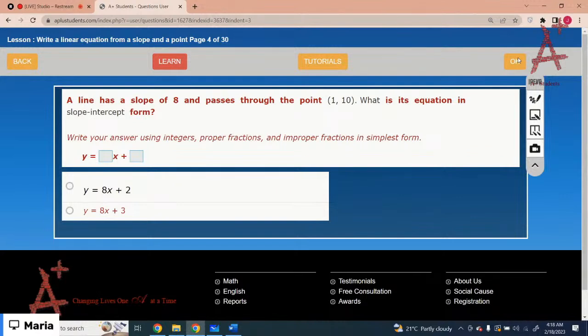So the equation is option number 1, y equals 8x plus 2. Got it?